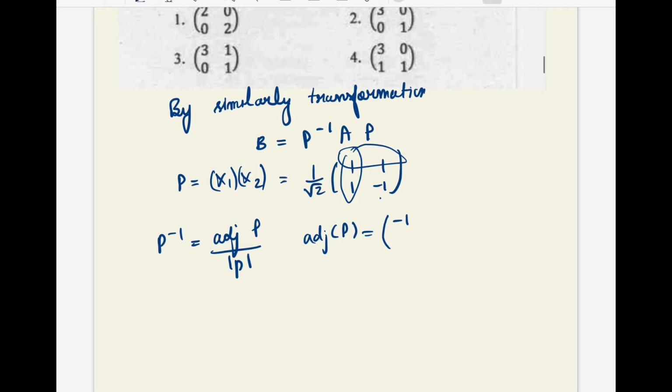Another one, we close this row and column, and we get 1, minus 1. Similarly, for the next, we get 2 and 1, this is minus 1, and when we close this one, 2 and 2, it is 1.